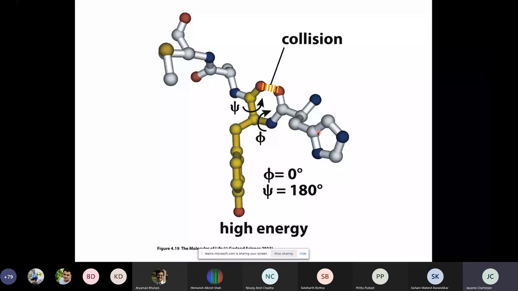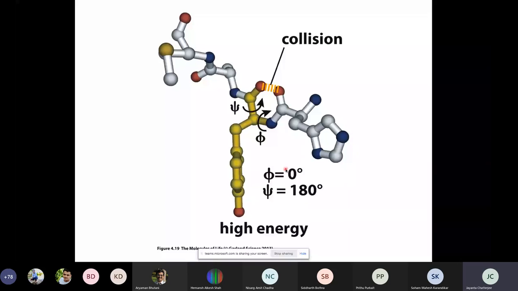Likewise, if you imagine a Newman projection through this nitrogen and this C alpha, you will see that the two alpha carbons are facing each other, and consequently the two oxygens will be facing each other. So this is a very high energy conformation, which is not favored.